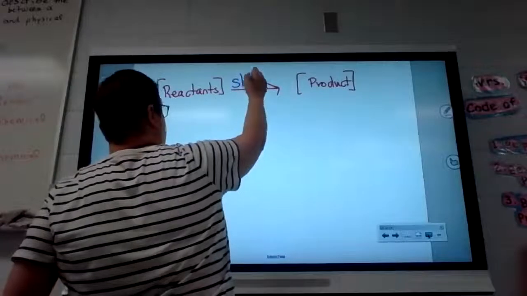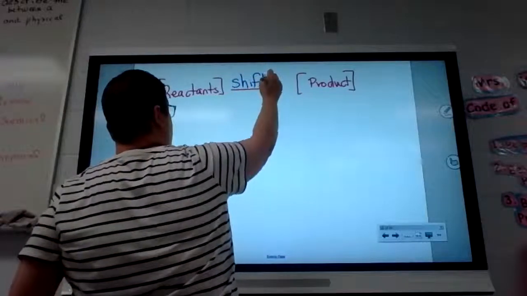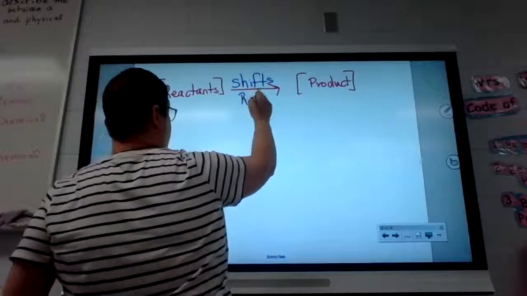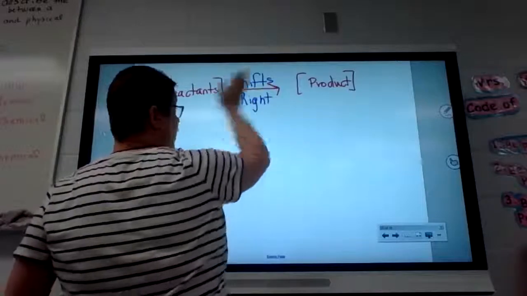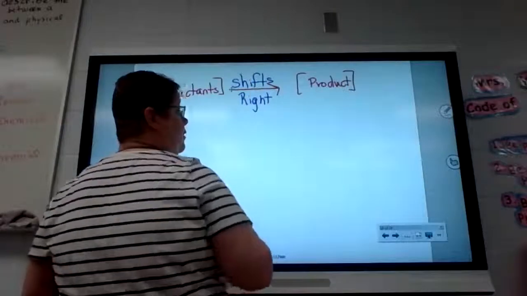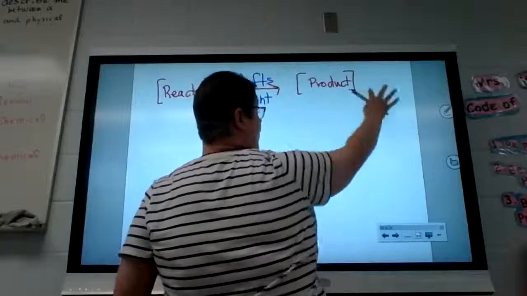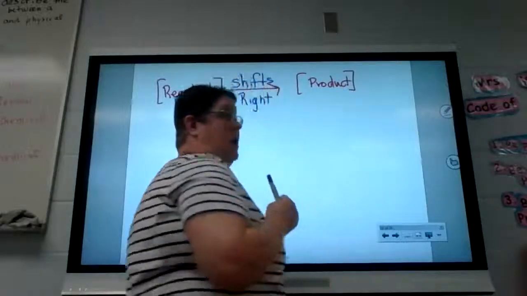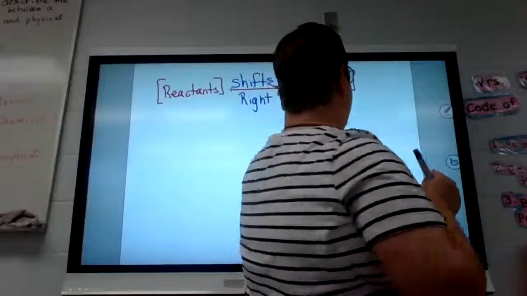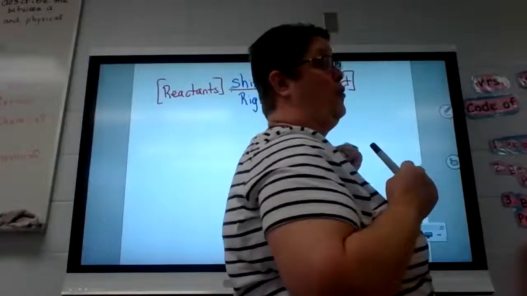If we determine that it shifts to the right, meaning it goes this direction, what's going to happen to the concentration of the products? Will the concentration of the products increase or will they decrease?